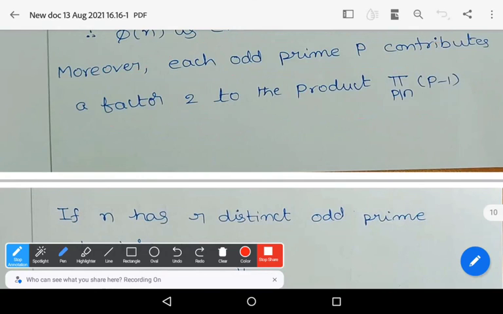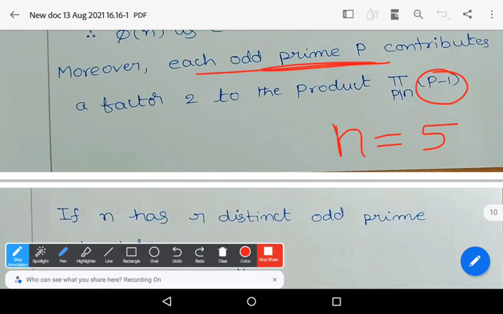You can check it with an example. Suppose n is equal to 5.